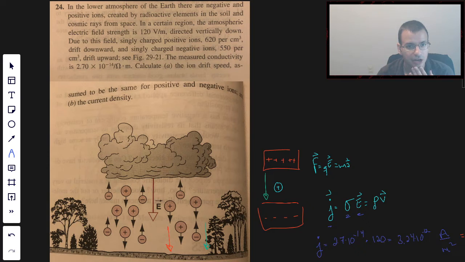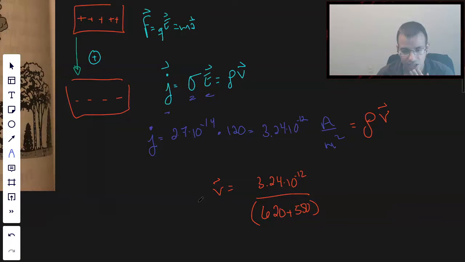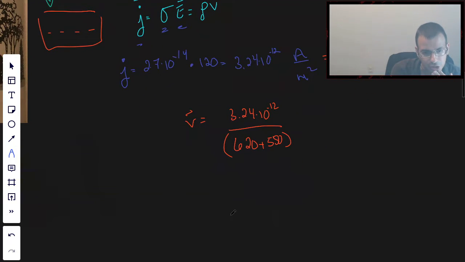So these are ions, and these are going to be electrons. I'm going to do this down here. So I'm going to say density is 620 plus 550, and these are electric charges per centimeter cubed.